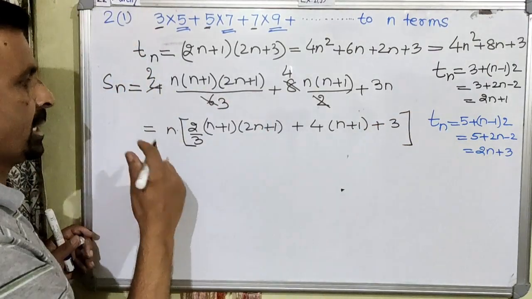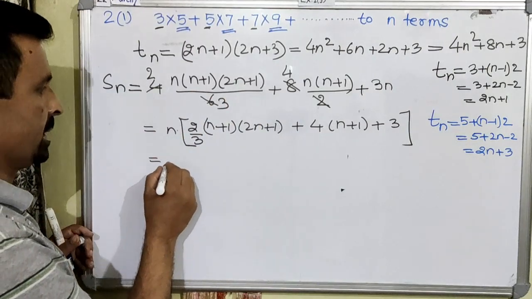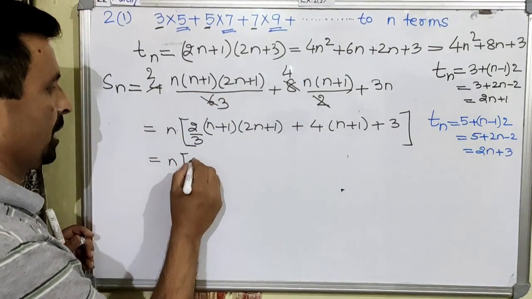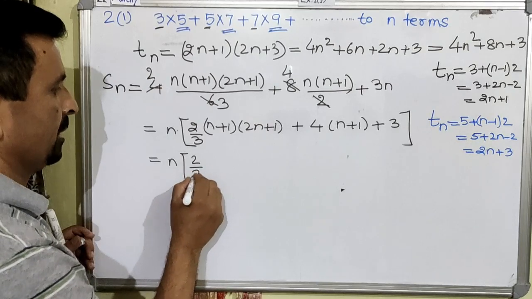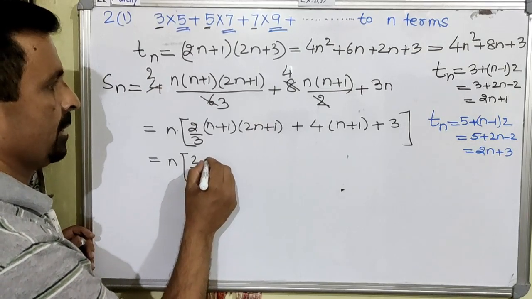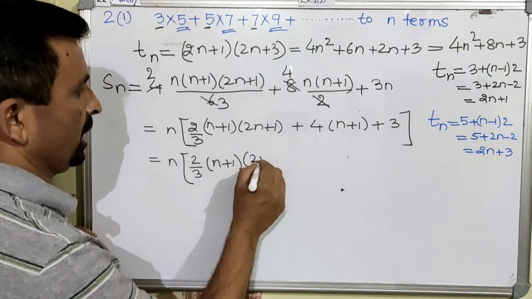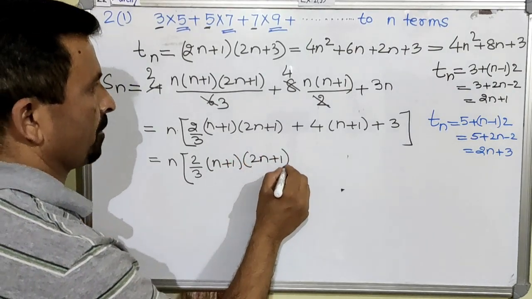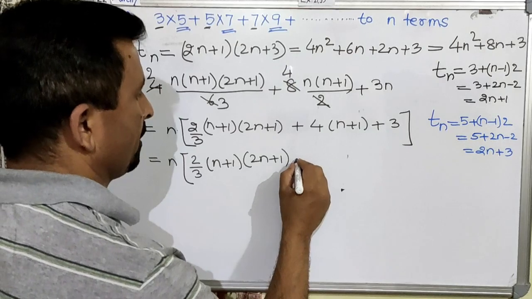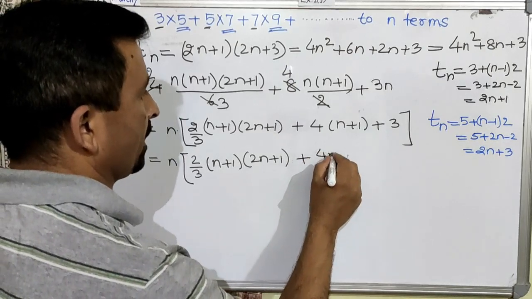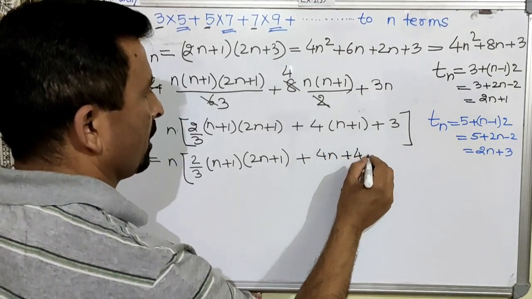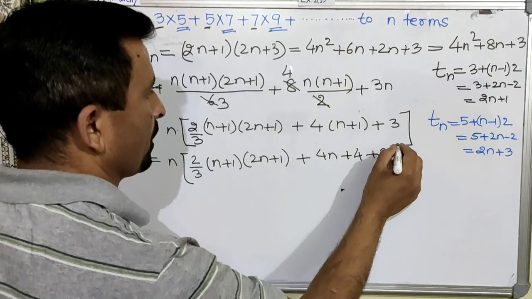Is it okay? Let us operate it. This is n into 2 over 3, then n plus 1, and then 2n plus 1, open the bracket, plus 4n plus 4 and plus 3.